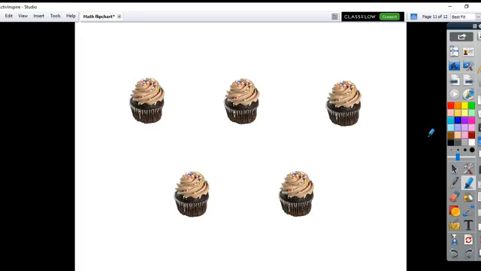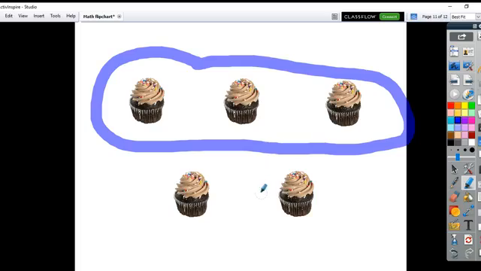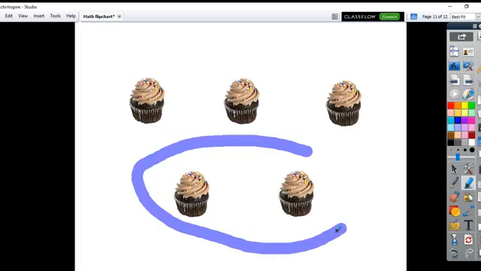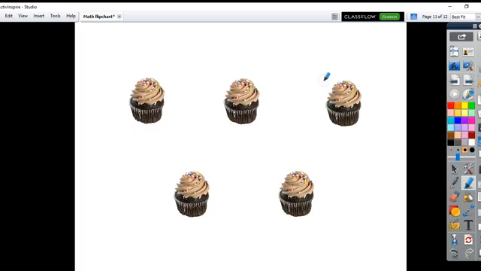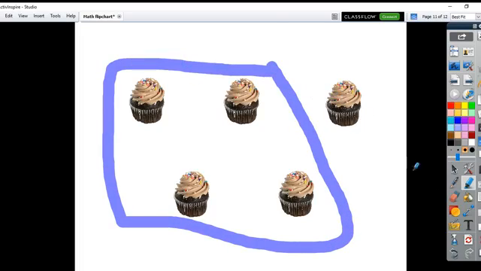You just saw it was 5. You knew it was 5. So that would be 5 and 0. Did you see it as 3 and 2? Did you see it as 2 and 3? Did you see it as 4 and 1?